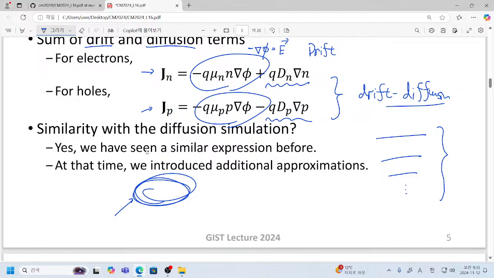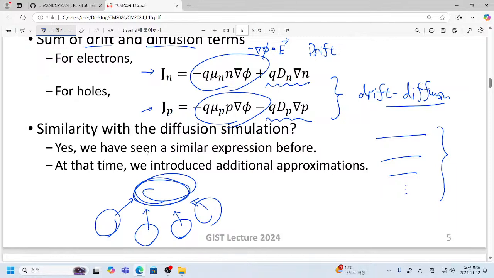One model solves only drift diffusion. One model additionally considers another physical mechanism, another one. So depending on these details, they are classified or named as different models.